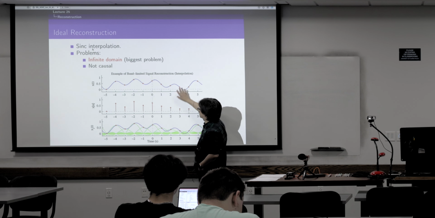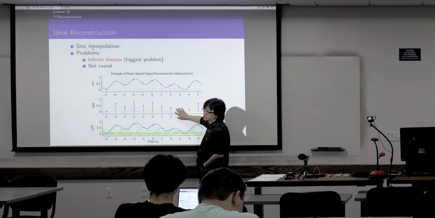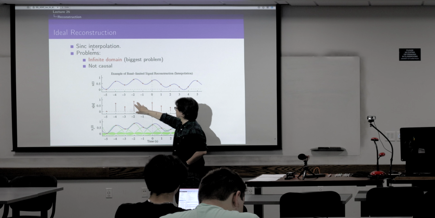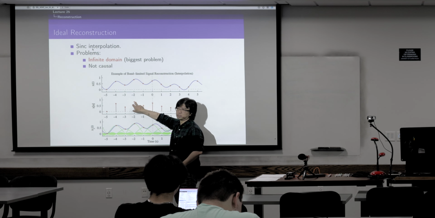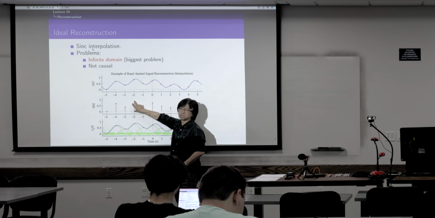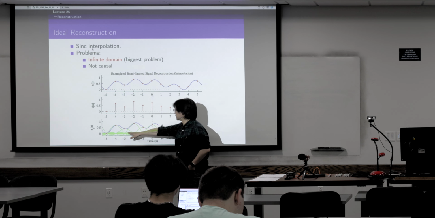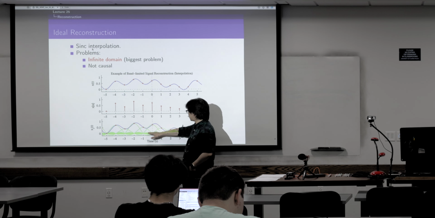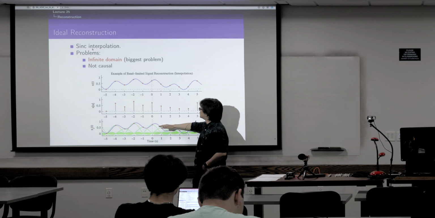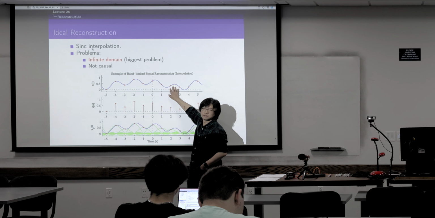Let's say this is our original signal and this is our sampled signal. For each of the components here, we need to replace it by a sinc signal weighted by this point, right? It looks like this. So at every point we need to put a sinc function here, and a sinc function here, and so on, and then we add them up so we can have our perfect reconstruction.